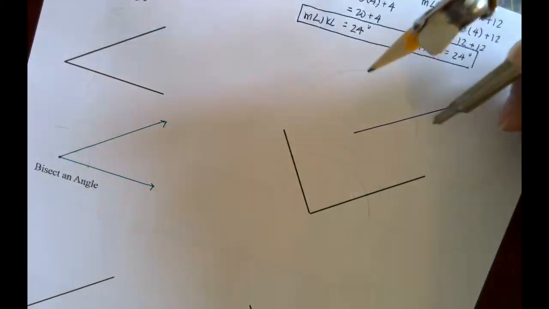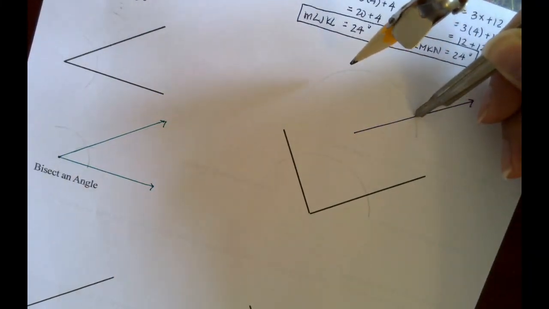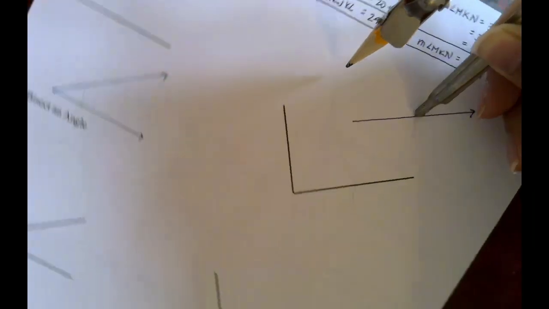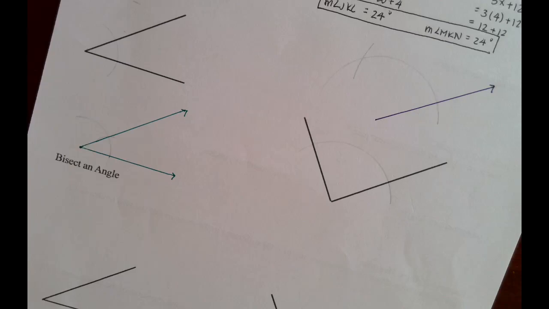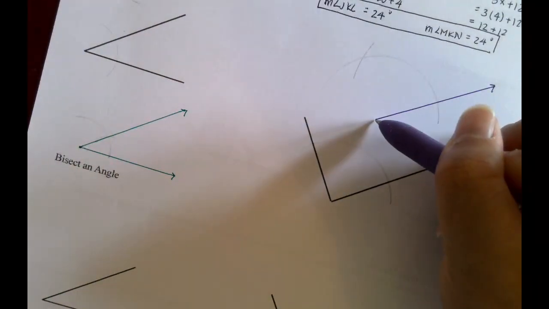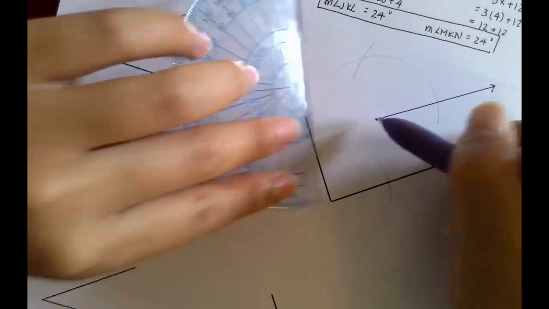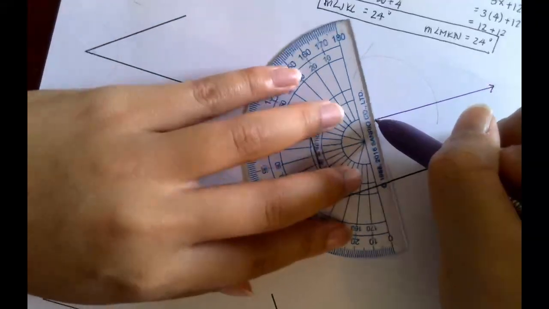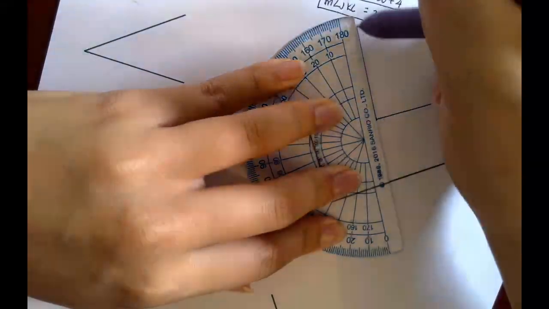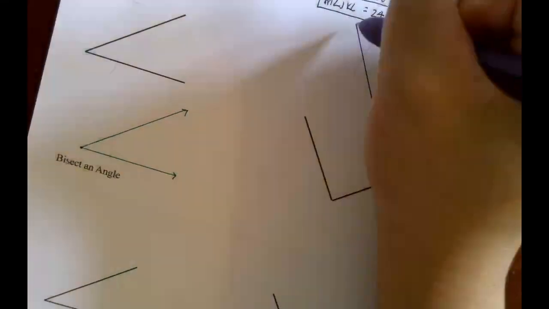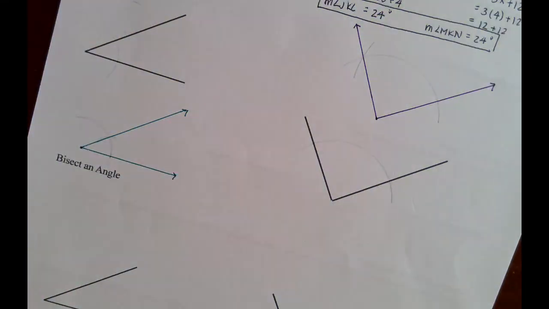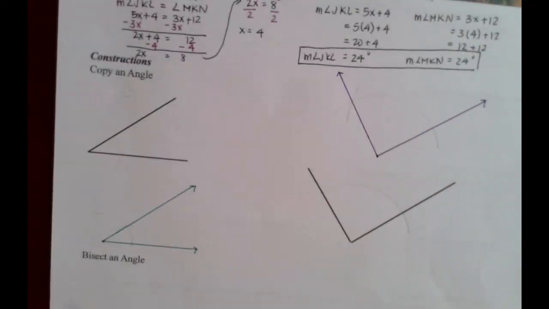Then I'm going to move my compass to this side where it intersected my ray and make an arc. And now all I have to do is connect my endpoint of the ray to that intersection. And there you go. I copied that angle. That's how you copy an angle.